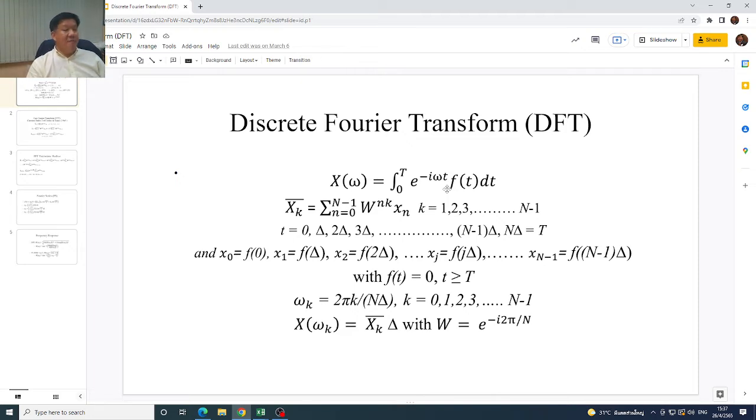The magnitude means the strength of the influence within that omega, within that frequency. And you can also study what we call the phase angle. You find the arctan of the imaginary part over the real part.